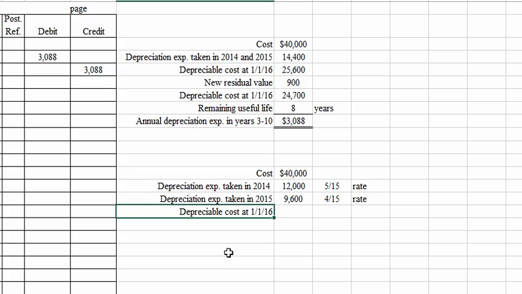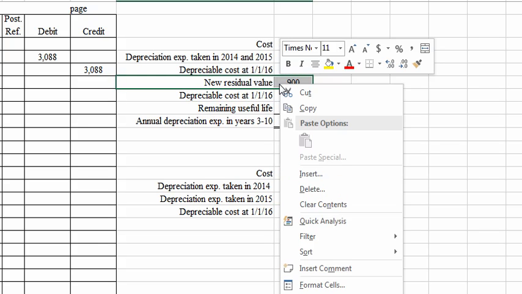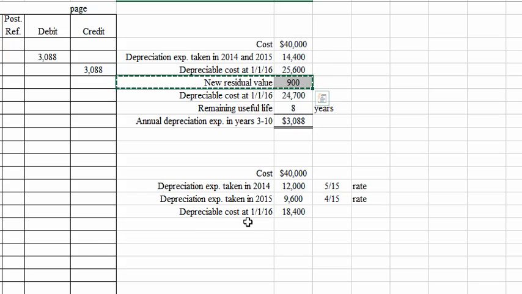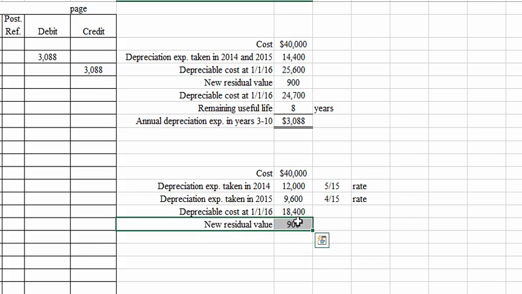So our depreciable cost at the beginning of 2016 would be equal to our original cost minus depreciation taken in 2014 minus depreciation taken in 2015. It gets us to a depreciable cost of $18,400, but we want to subtract the new residual value just like we did above. It's $900.